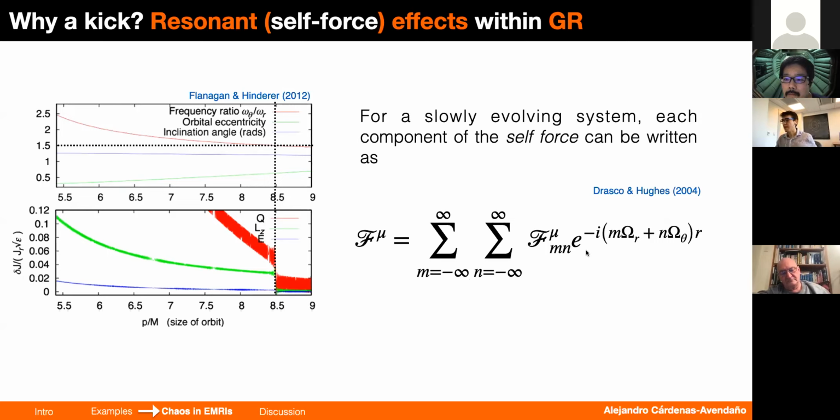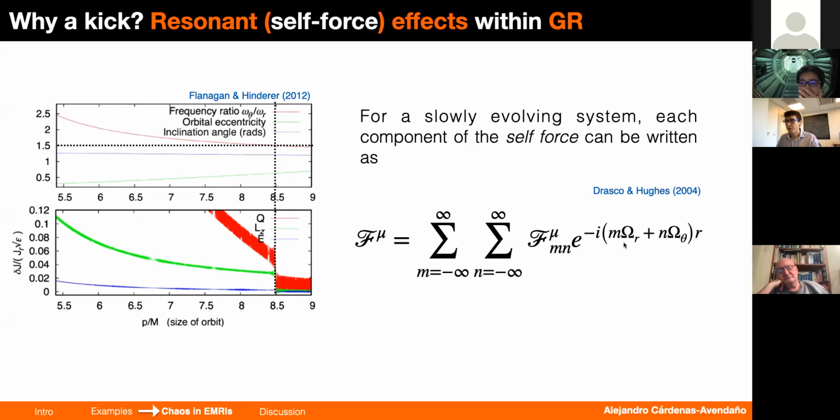And more or less we can heuristically think about this effect like this. If we decompose the components of the self-force in Fourier space, you can see that, for example, when m and n are 0, this term is roughly constant. So that's the one that the adiabatic approximation is capturing.